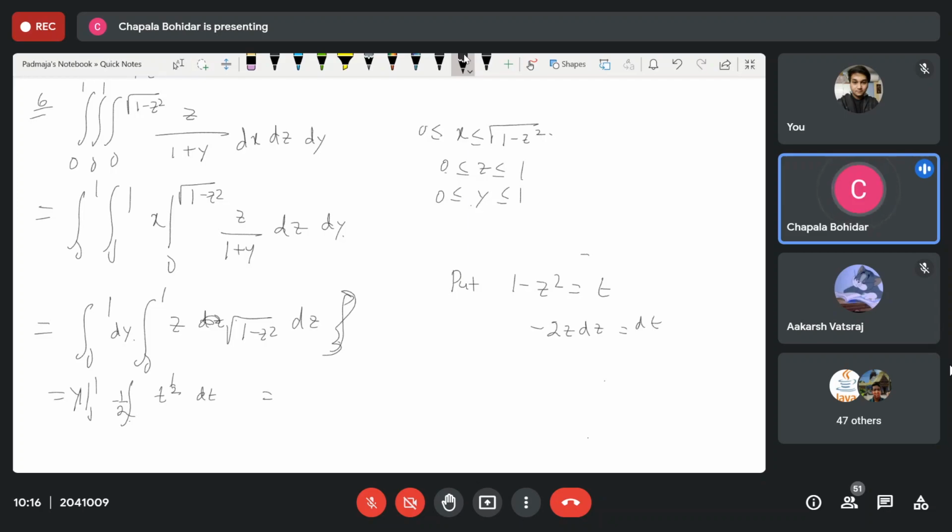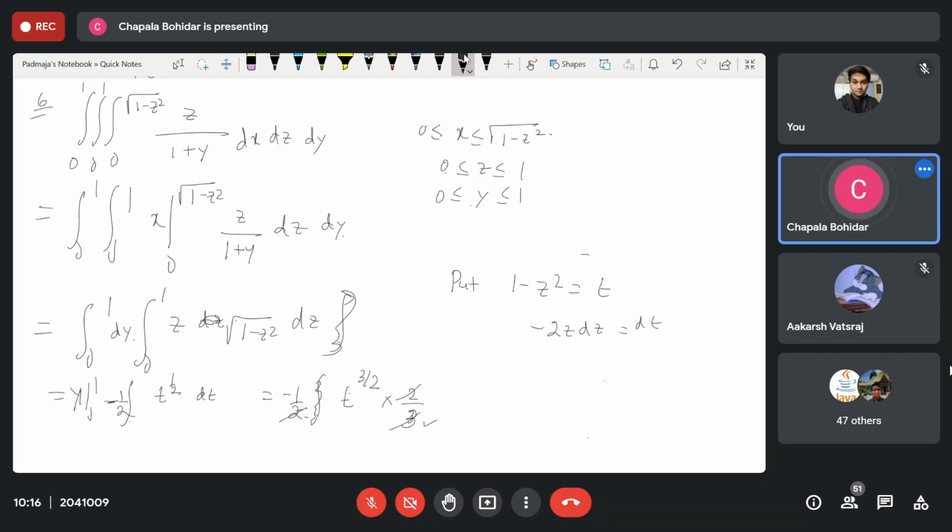So integration here of t to the power half is t to the power 3 by 2 into 2 by 3. So sorry, this cancels out.